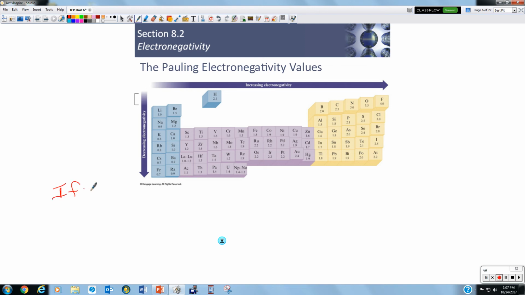So if the electronegativity difference, END, is less than 0.4, typically it is nonpolar covalent.